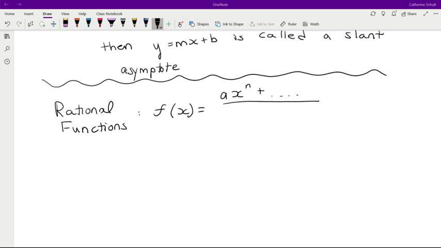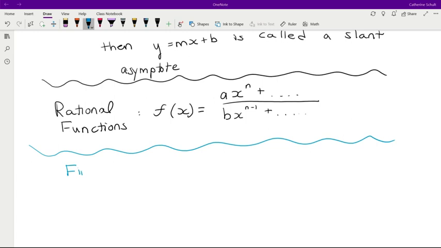Okay, so there's my nth degree polynomial in the top, and then my n minus 1 degree polynomial in the bottom. We're going to get a slant asymptote in that case. Okay, so let's look at an example.